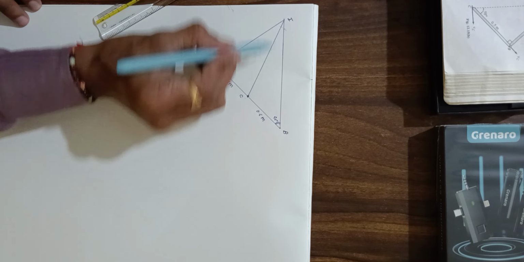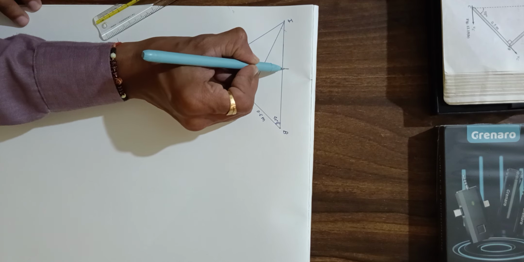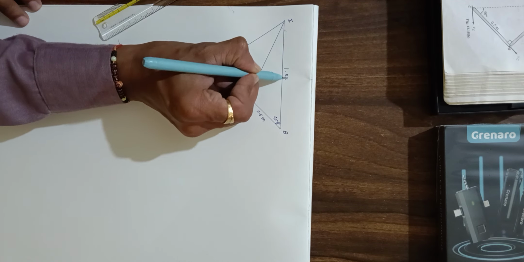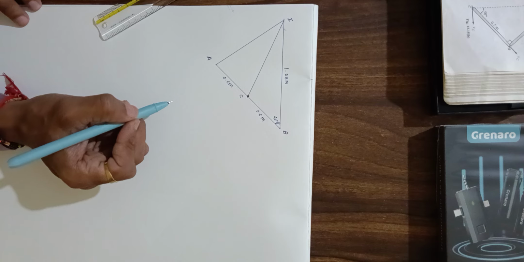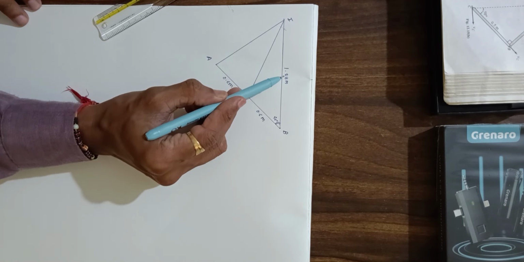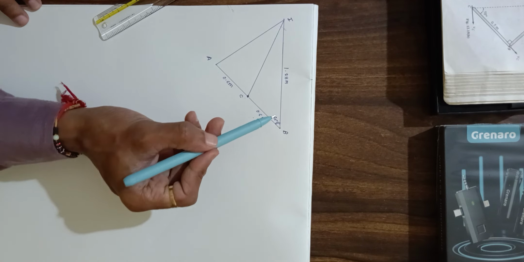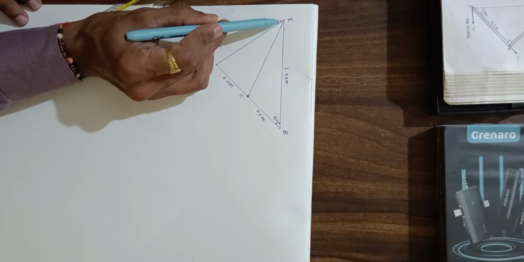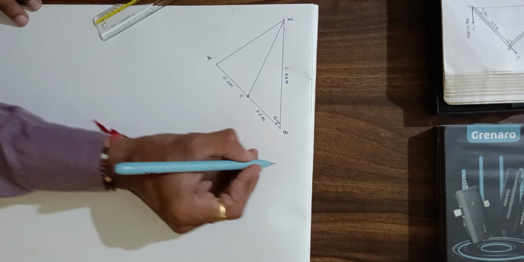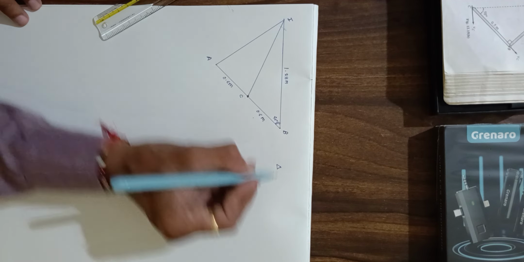Distance BI we have already calculated, so distance BI is 1.28 meter. The cosine rule is, if you know the values of two adjacent sides and the angle between them, then we can find the remaining side in the triangle. So now consider the triangle CBI.